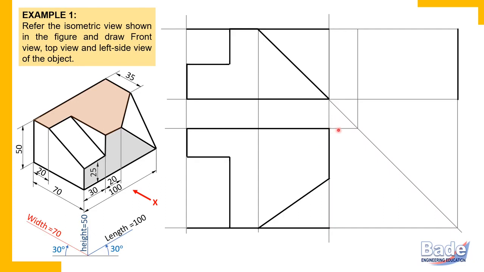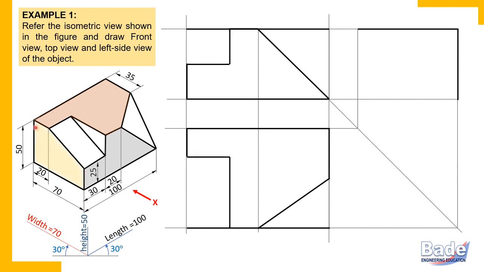So simply draw end projectors from top view to side view, which means transfer the width of that surface to the side view. And this is how at top you got that surface. So a surface showing true shape in the top view is a line in the front view and a line in the side view.